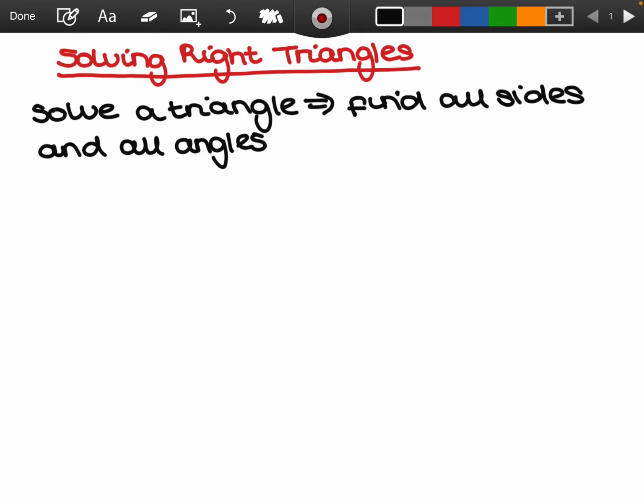Just so that you know whenever you get one of these problems exactly what it is actually asking. So when it says solve a triangle, you need to find everything about that right triangle. All three sides, all three angles. Okay. So the first thing that I want to look at is solving a triangle where you are given two sides.